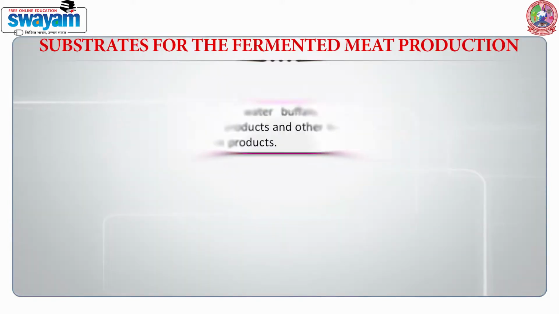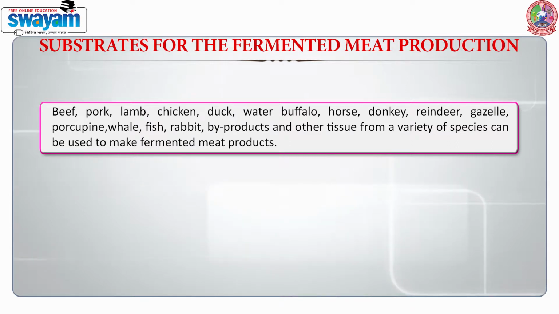There are a number of substrates which can be used for the production of fermented meat products. These include beef, pork, lamb, chicken, duck, water buffalo, horse, donkey, reindeer, gazelle, porcupine, whale, fish, rabbit, and byproducts and other tissues from a variety of species can also be used to make fermented meat products.